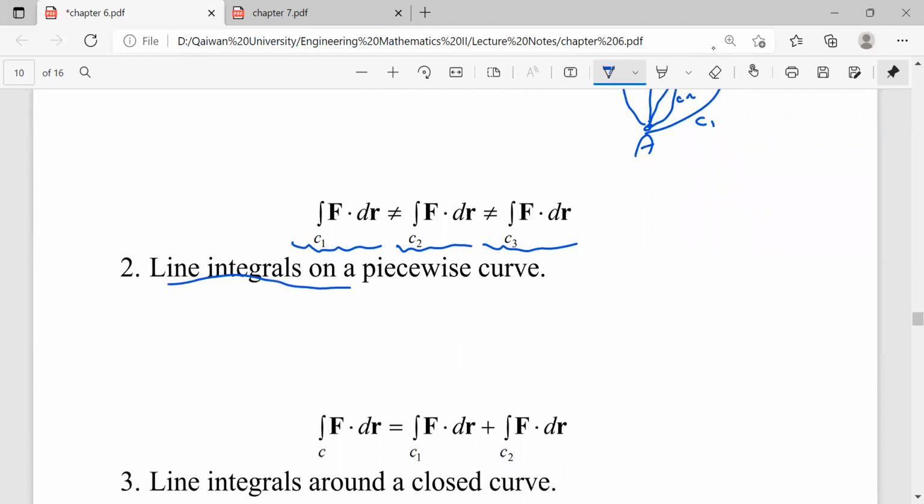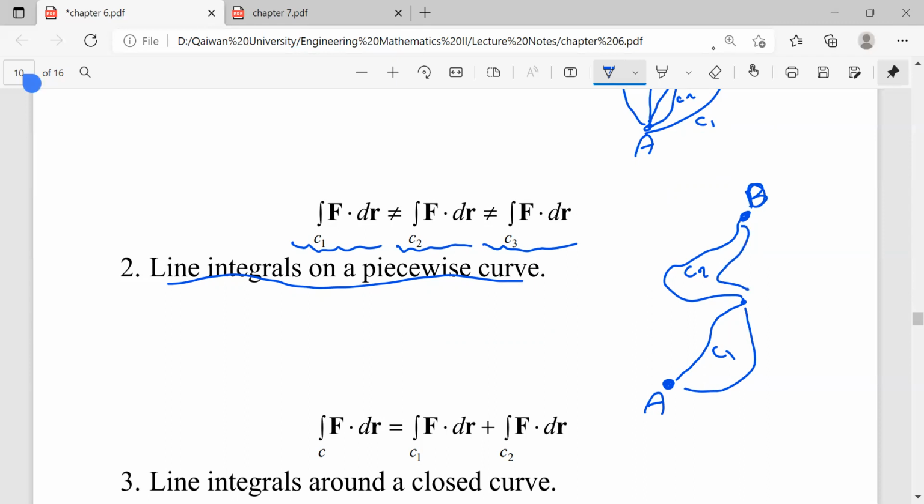Here, the line integrals on a piecewise curve. For example, let's say this is the initial point A and this is the destination point B. If we have C1 from here to here, this is C1, and from here, we have C2. So the line integral from A to B is the line integral over C1 plus the line integral over C2.